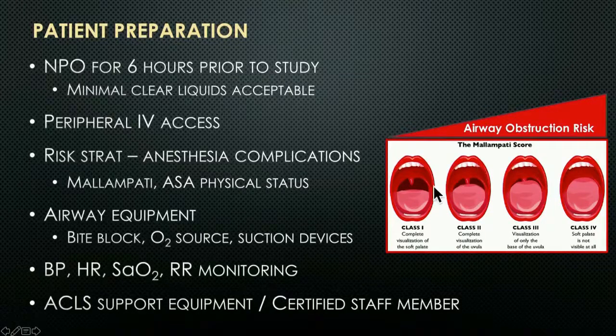I'm not saying that that's an absolute contraindication, but if you have a person with a class 3 or class 4 Mallampati score, you may want to get your anesthesiologist involved to help you out, and it might not be the best time for you to be doing your own conscious sedation, but clearly class 1 is a go-ahead.